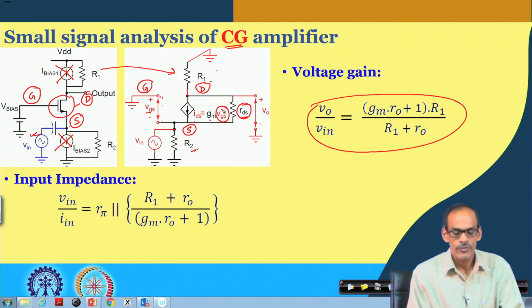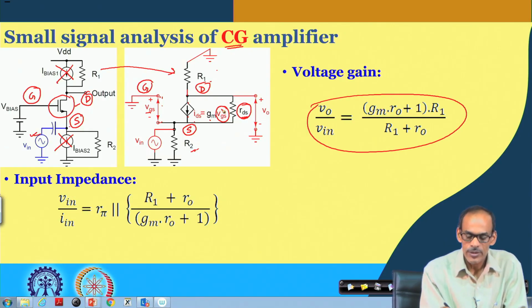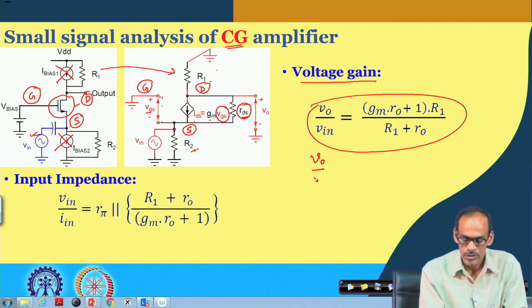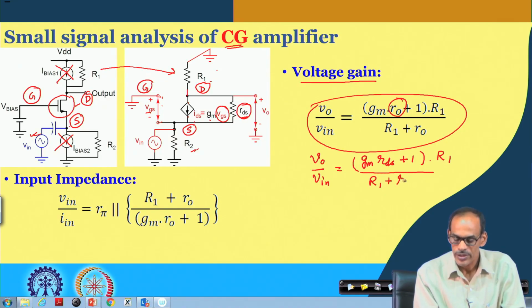So, the previous circuit analysis we have done can be utilized, namely to get the voltage gain of the common gate. For the common gate configuration, the input to output gain is Gm into Rds. Instead of Ro, I have to consider Rds plus 1 into R1 divided by R1 plus Rds.